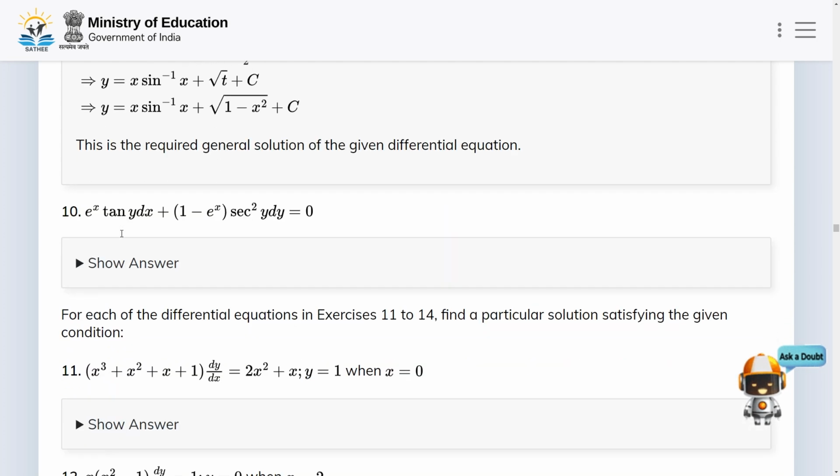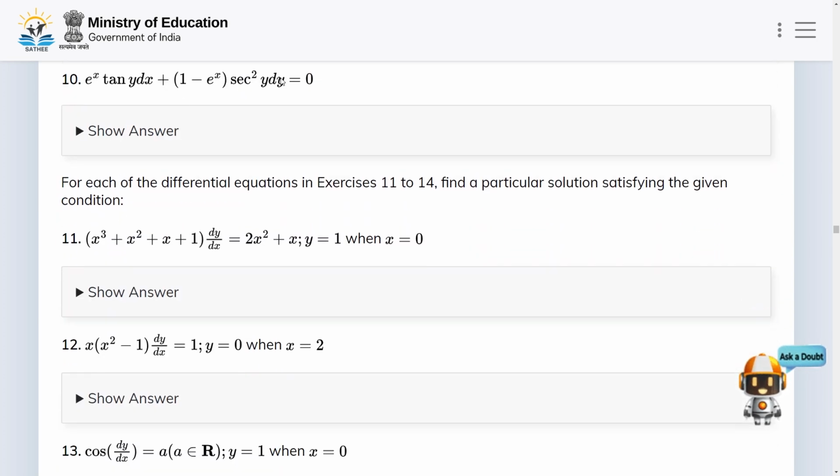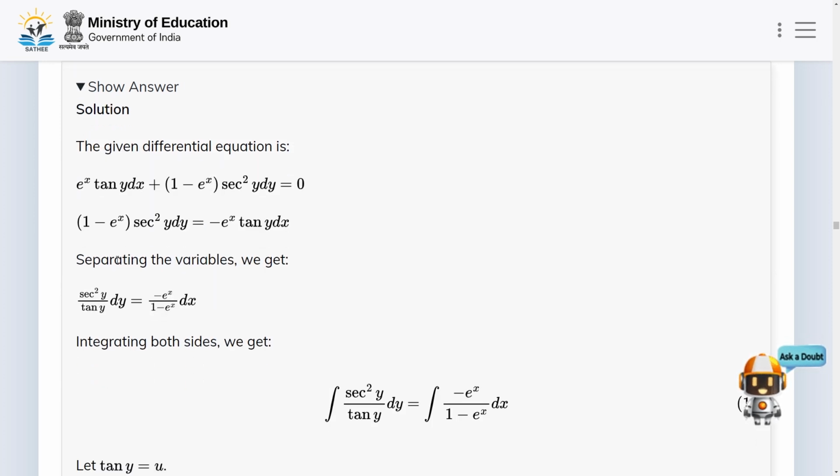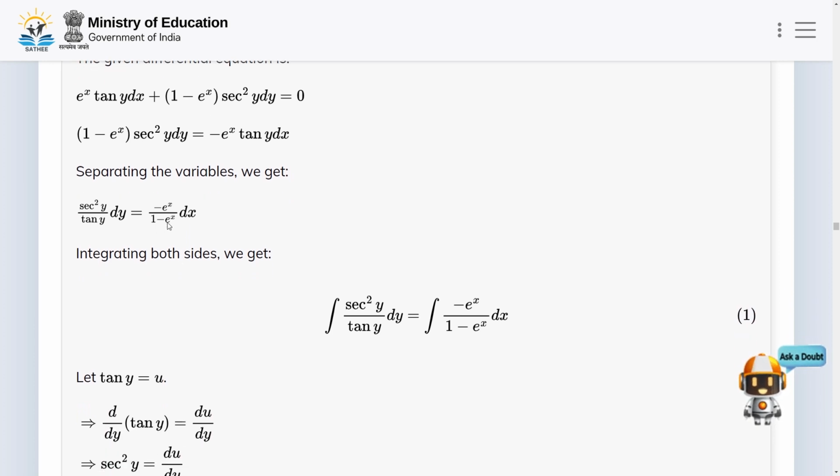Okay, now 10th problem. This you have to solve. So apply your variable separation. You will have sec square y divided by tan y dy is equal to minus e power x divided by 1 minus e power x dx. Okay, clear? Now integrate both sides.